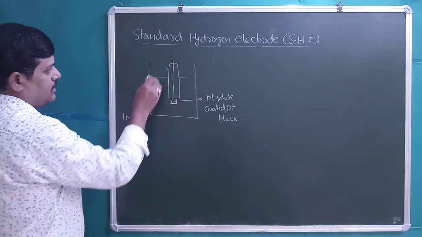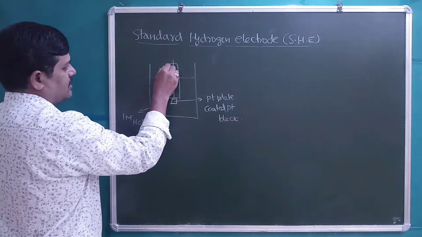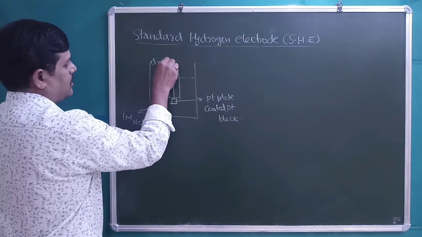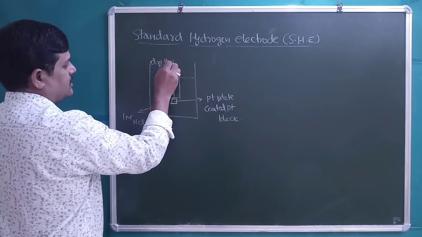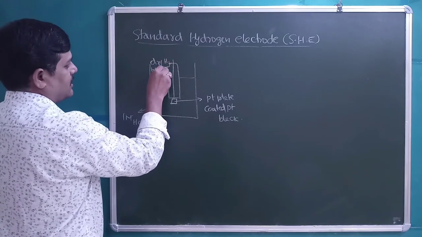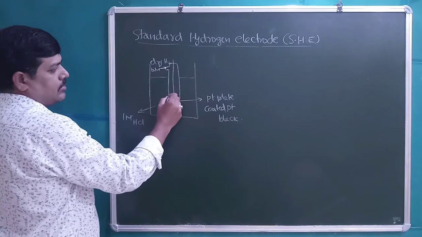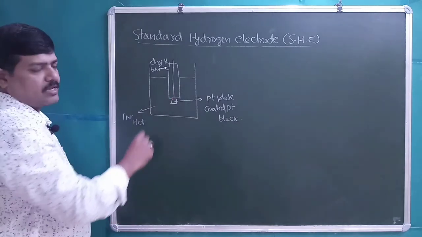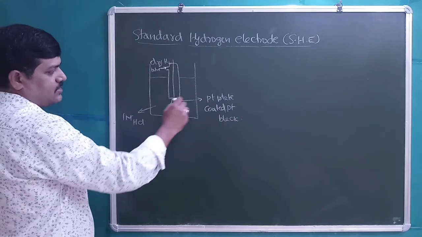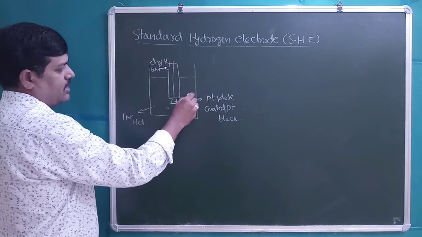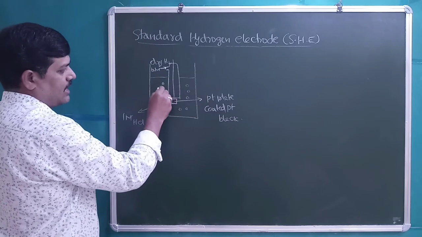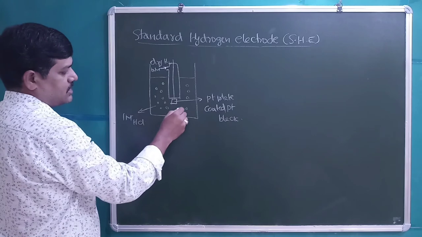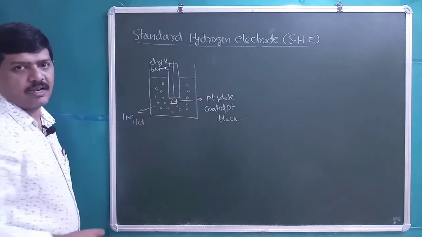Into this, dry H2 gas is continuously bubbled at 1 atmospheric pressure. This is a porous material, because gas should enter into this solution. It is continuously bubbled into this 1 molar HCl solution. Students, this is the construction of the standard hydrogen electrode.